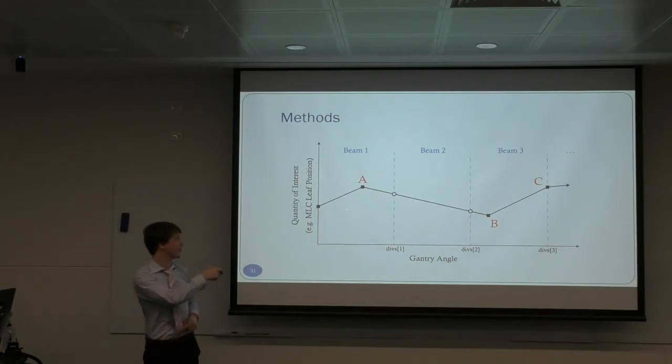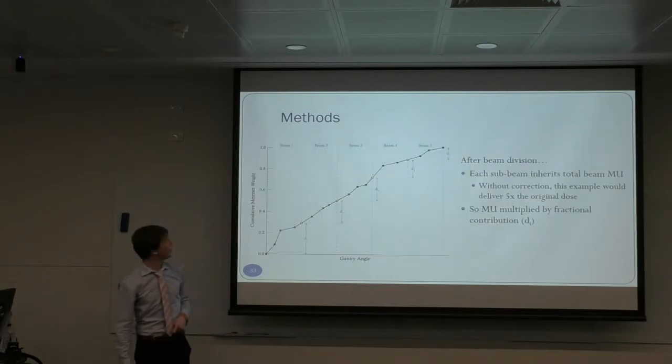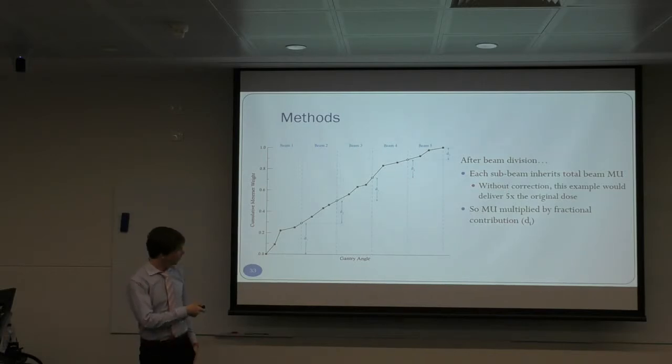What I want to do is keep this curve the same, but have multiple beams instead of one. That's the data you can take away from this. And at the same time, I need to make sure the dose distribution is the same as the original plan. So I wouldn't worry too much about this figure, but it's just a way of making sure that the beam output doesn't change. I can get into that later if anyone has questions.